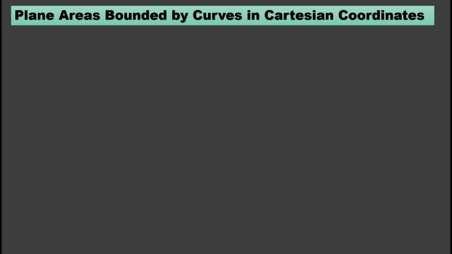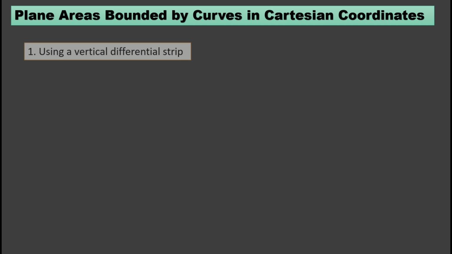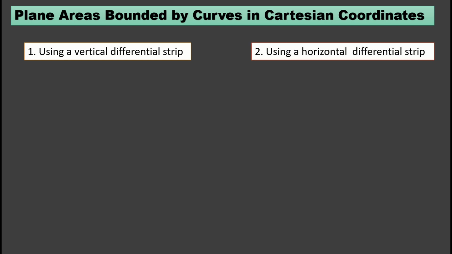The first is using a vertical differential strip, or vertical element, for finding the area. The second is using a horizontal differential strip, or horizontal element, for finding the area.